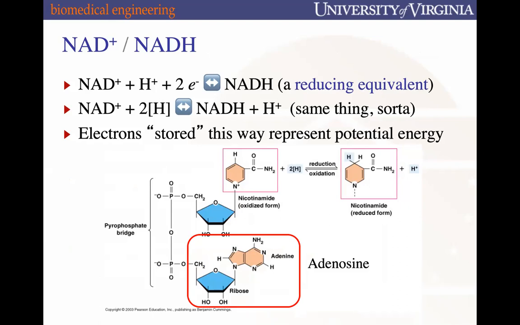So here it's being reduced, gaining electrons. I can remember in the first 2 years of the BME curriculum, the way to distinguish oxidation versus reduction, I always would whisper to myself, oil rig. Oxidation, you lose; reduction, you gain an electron. Oil rig.